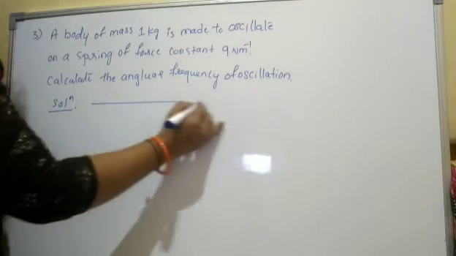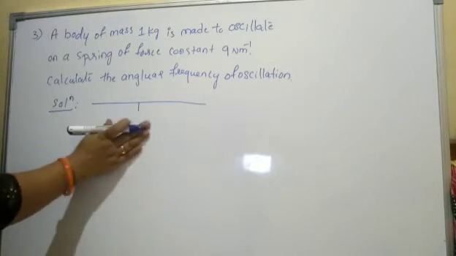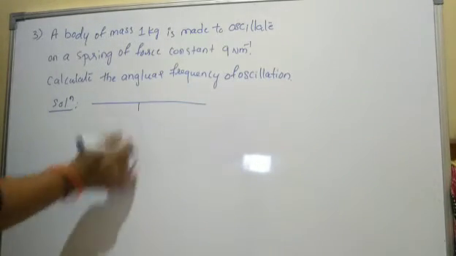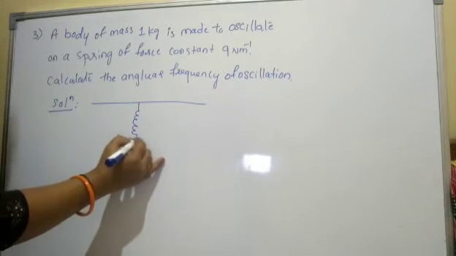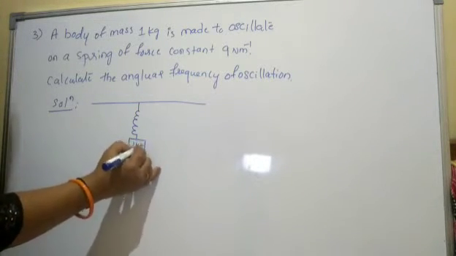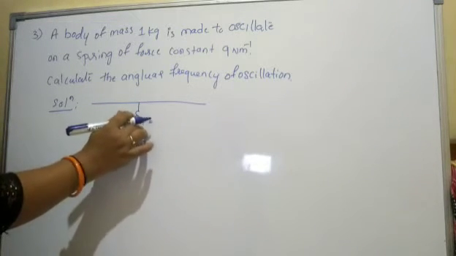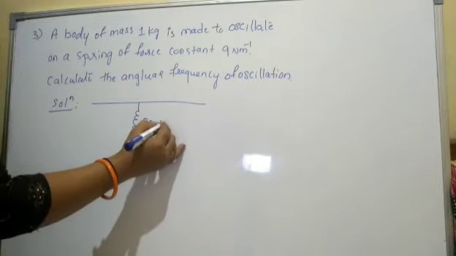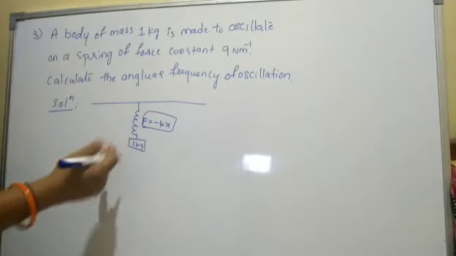Earlier we had to use only the thread where the bob is suspended. Now they have taken the spring and 1 kg is suspended from it. This spring has a force constant, which they have given already. The force is minus kx, which we know as the restoring force.